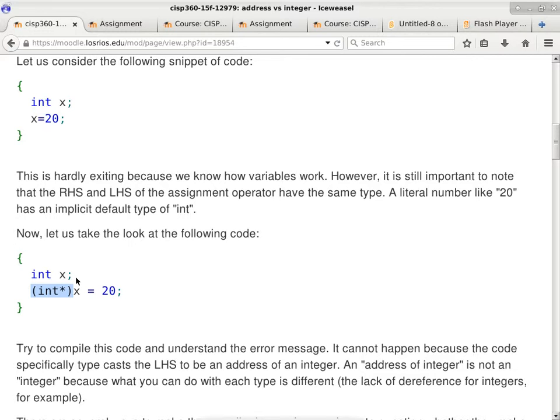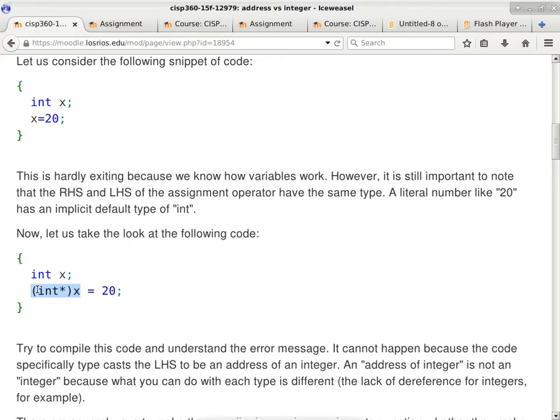Okay? But the compiler will complain about this one. If you try to write a line of code like this, the compiler will complain because there's a problem. What exactly is 20? What is the type of 20 as a constant? It's an integer. Very good. And again, what is the left-hand side after the typecast?